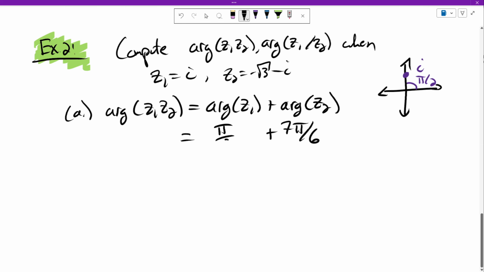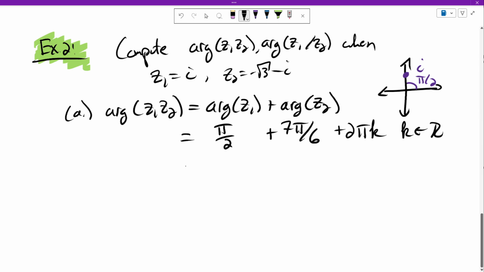And so we get a pi halves here. Great. So this isn't quite right. This is a representative, so we're going to add in 2 pi k for any multiple of 2 pi.